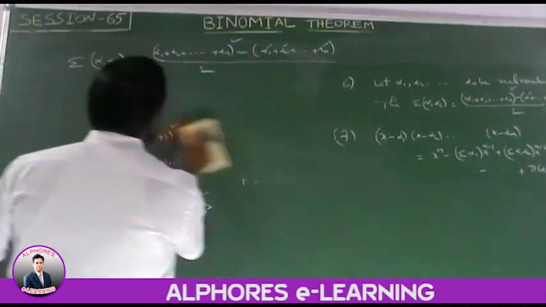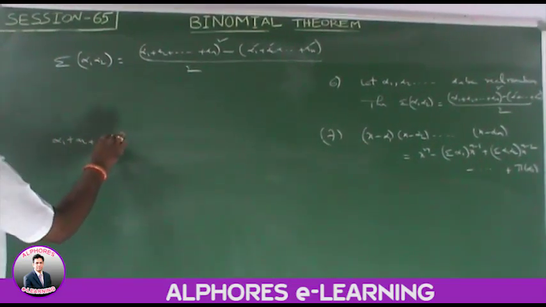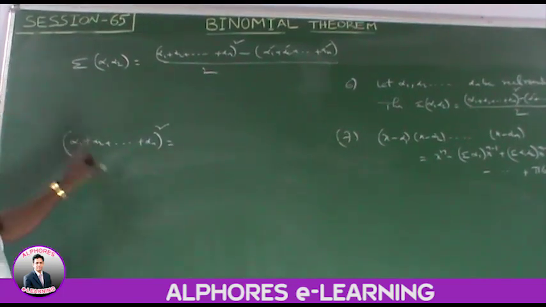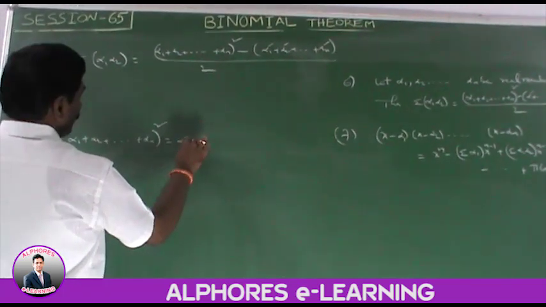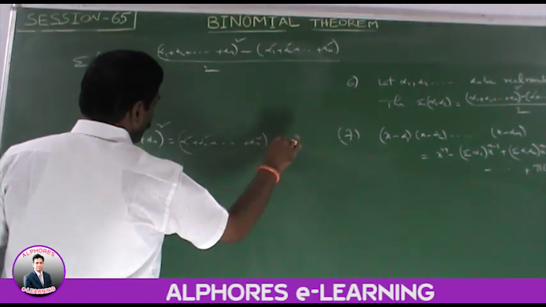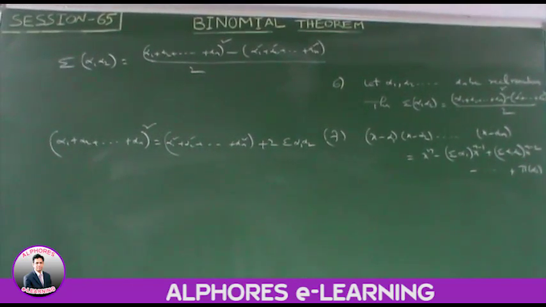Similarly, alpha 1 plus alpha 2 plus so on alpha n whole square is equal to the squares of these values, alpha 1 square plus alpha 2 square plus so on alpha n square, plus 2 into the sum of the product of the values taken two at a time, 2 into sigma alpha 1 alpha 2.